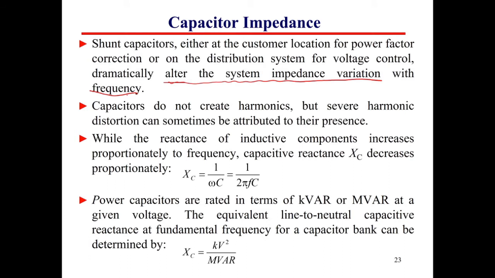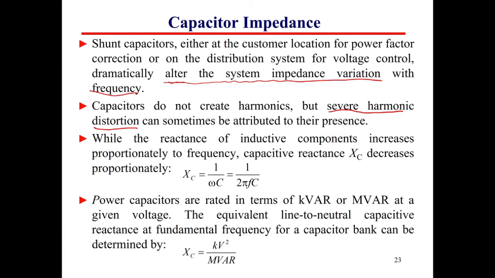Capacitors will not create harmonics, but severe harmonic distortion can sometimes be attributed to their presence, because when they are present in the system, that will create a lot of harmonic distortion.